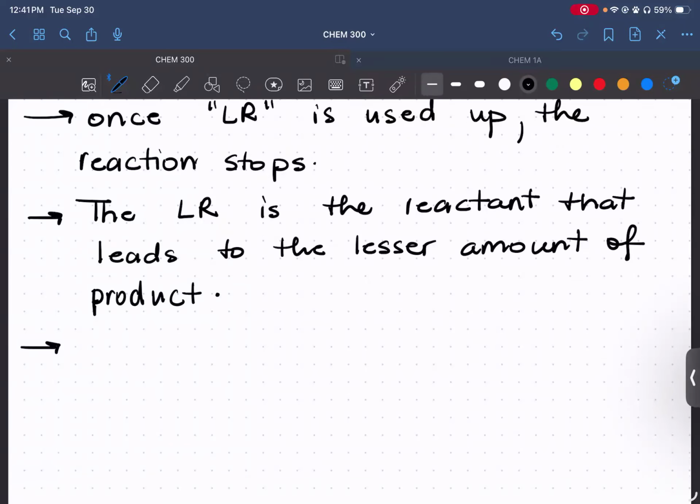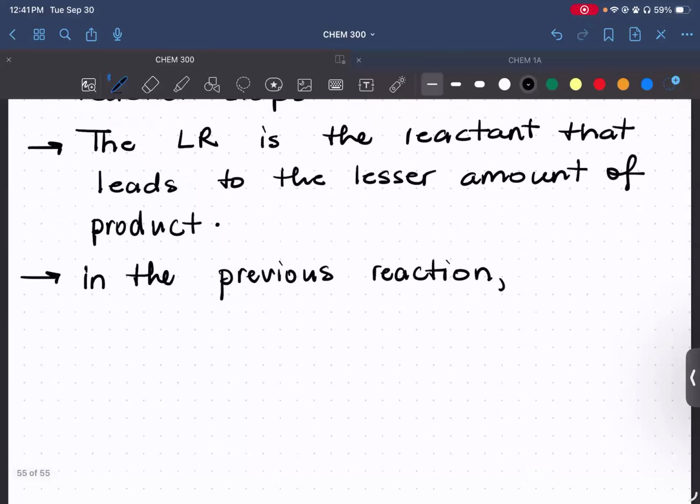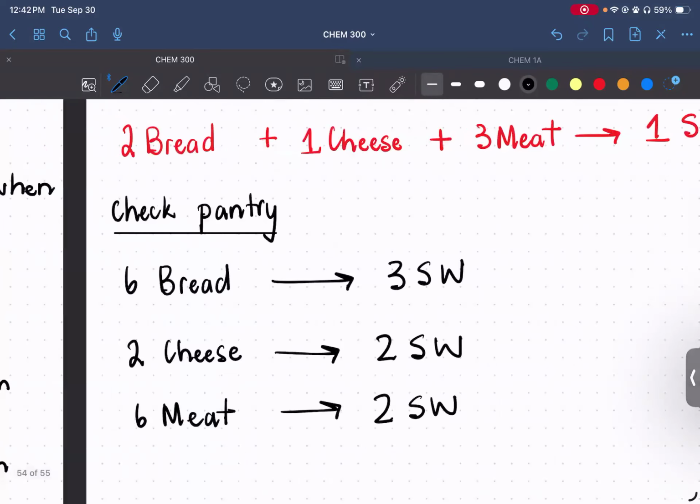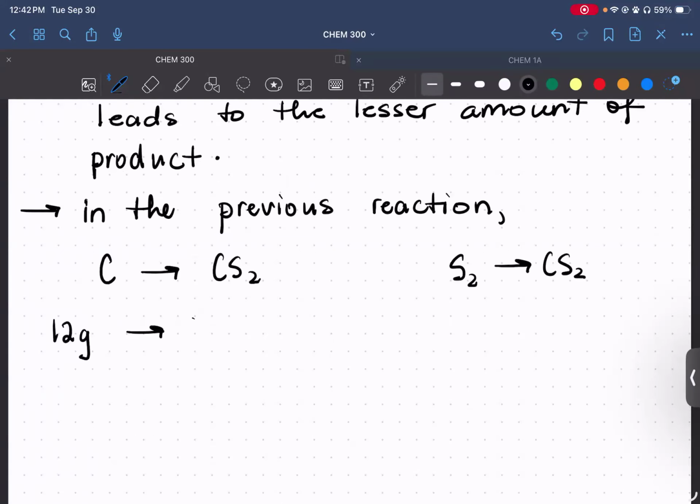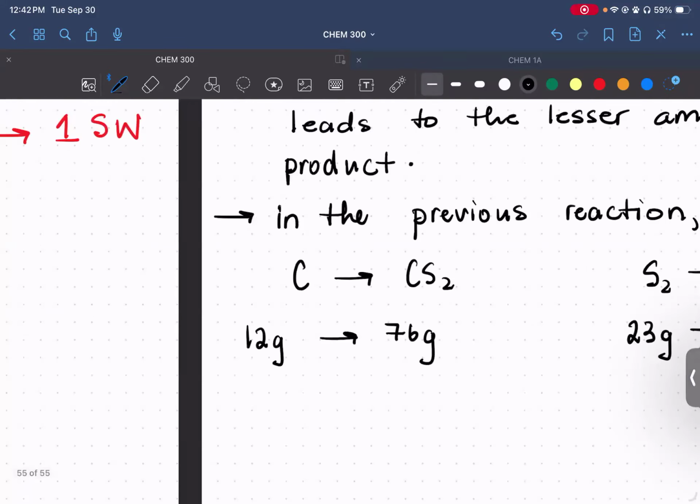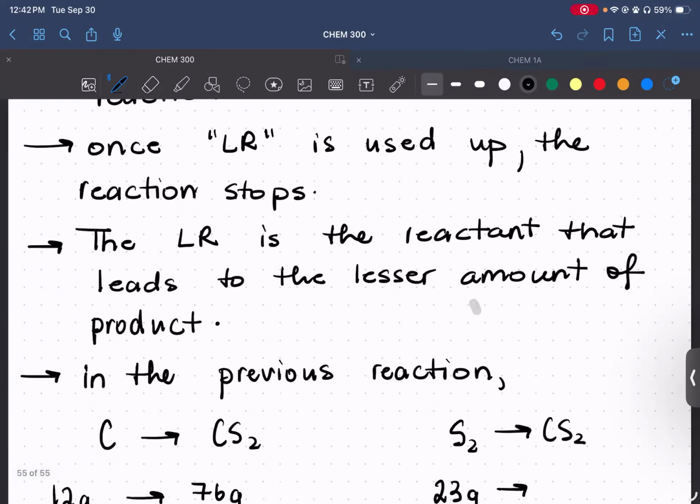So using this compared to the previous reaction we just did, the question was comparing carbon to CS2 and then sulfur to CS2. 12 grams of carbon was predicted to make 76 grams of CS2. 23 grams of sulfur was predicted to make, I believe that was 27.36.